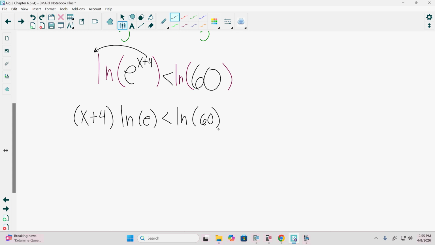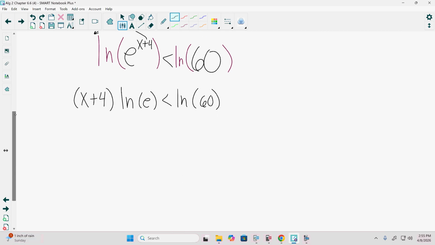telling me that the natural log of e to the x plus 4 is equivalent to x plus 4 times the natural log of e. And the reason we chose natural log with our base e is because the natural log of e is what? 1. So really this here reduces to 1.